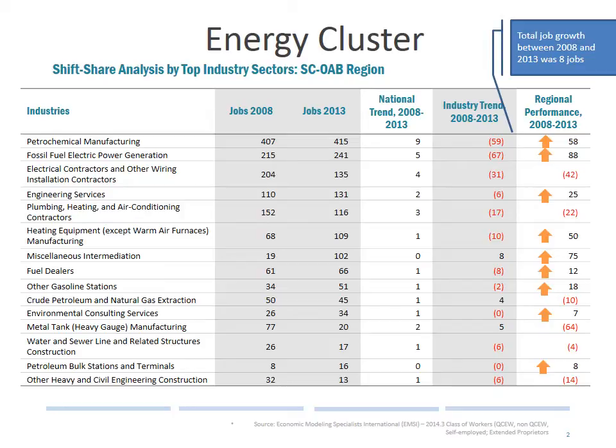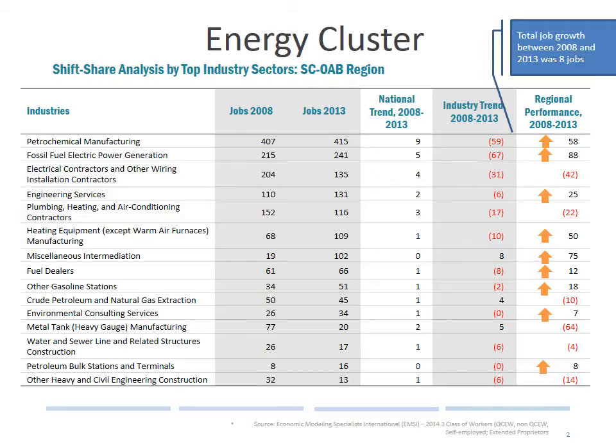In our example of petrochemical manufacturing, we know that the total number of jobs increased by 8 over the 5-year period. However, based on the national trend and the industry trend, employment should have decreased by a total of 50 jobs. We get at this number by looking at the increase of 9 jobs from the national trend and the decrease of negative 59 jobs from the industry trend.